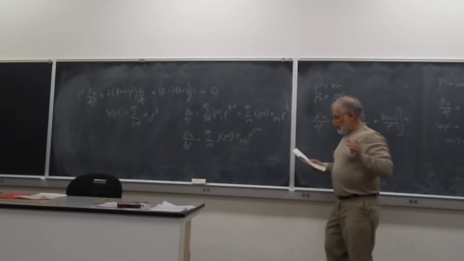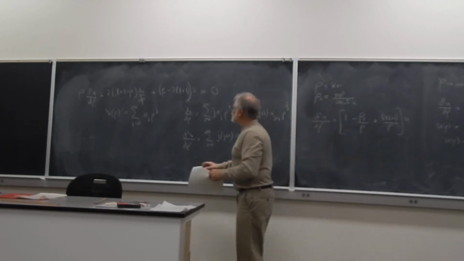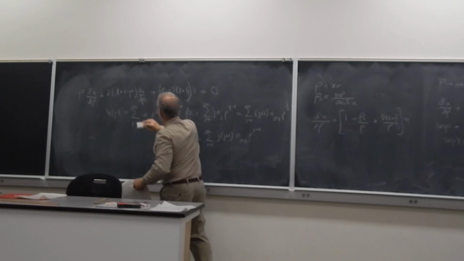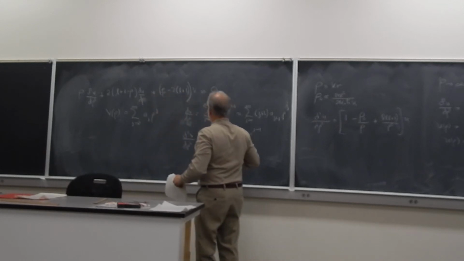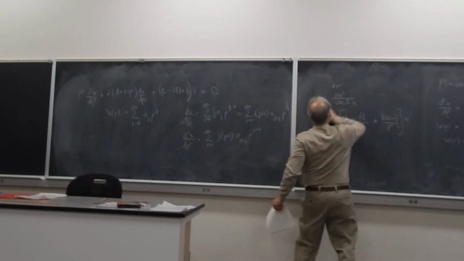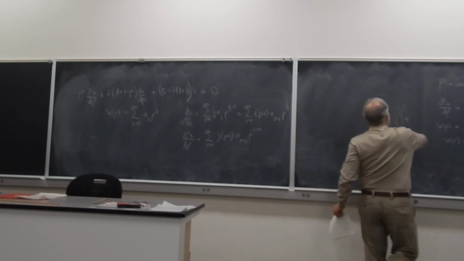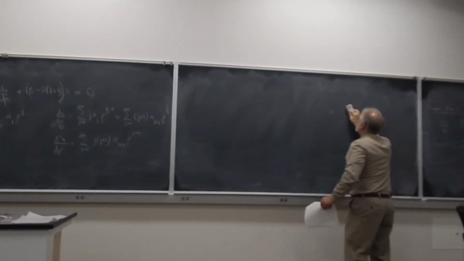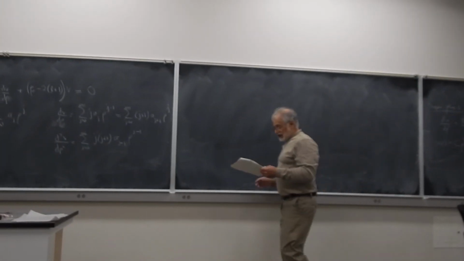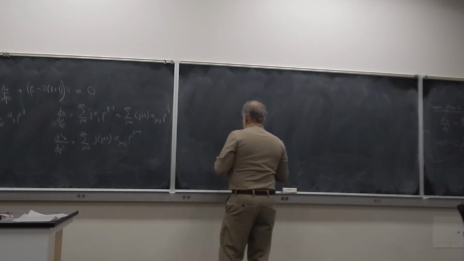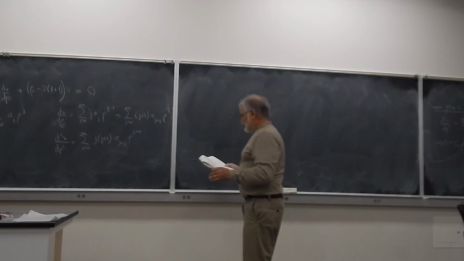If I insert all that into the differential equation, putting in dv d rho here and the second derivative here, I'm going to get a complete and total mess. However, what we're going to do at that point is equate the coefficients of like powers.